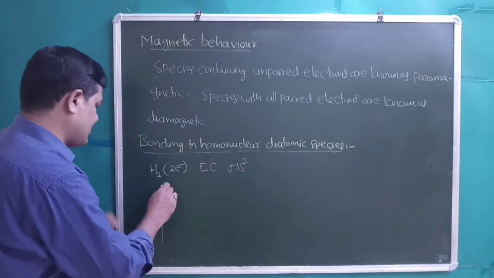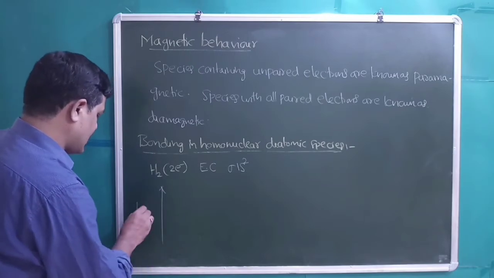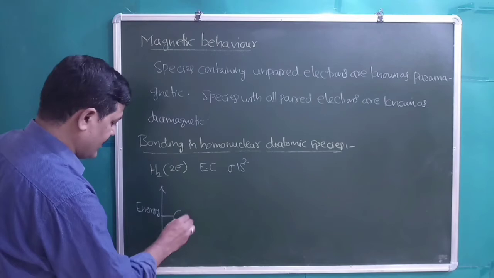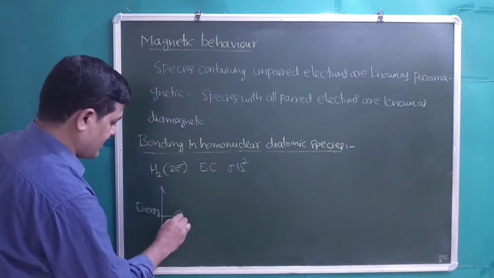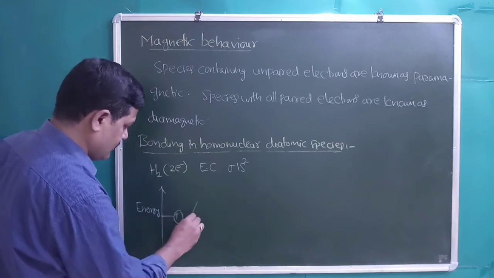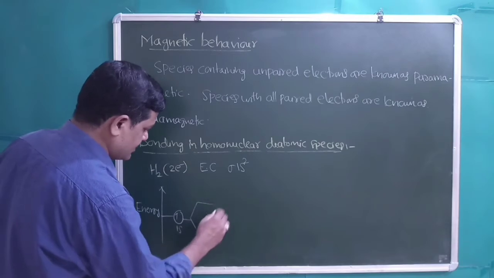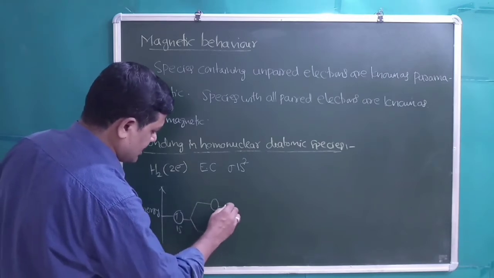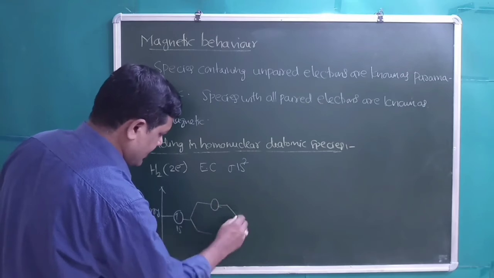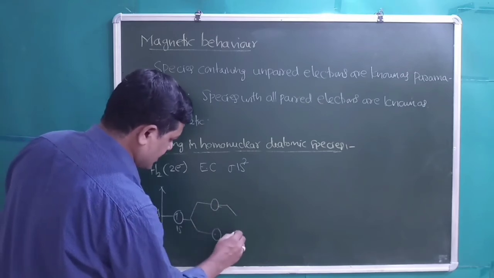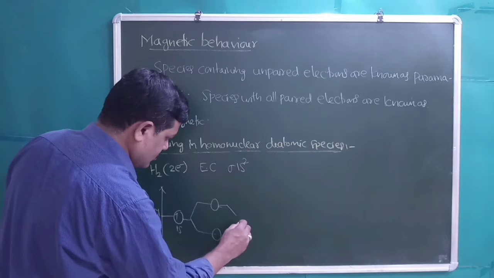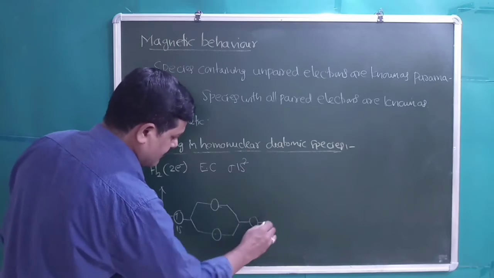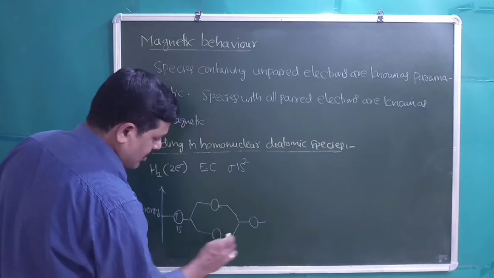Energy level diagram for the H2 molecule we can write like this. The 1s orbital of one hydrogen atom, which has a single electron, is combining with the 1s orbital of the other hydrogen atom, which gives 2 orbitals, in which one is the bonding molecular orbital, the other one is the anti-bonding molecular orbital.